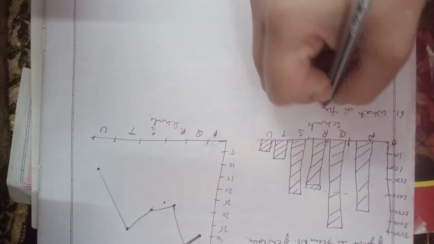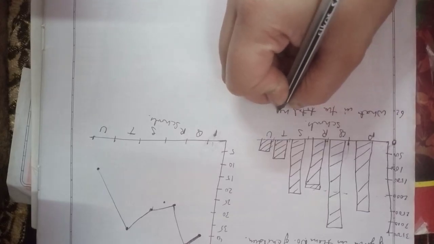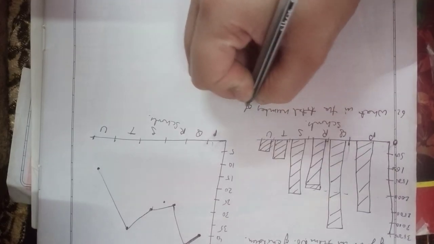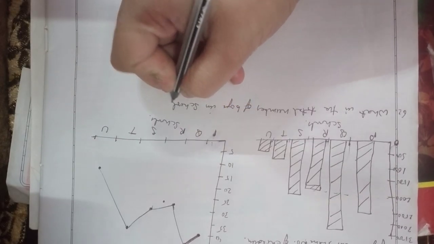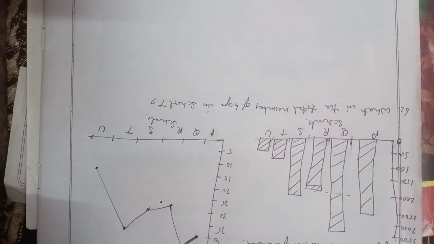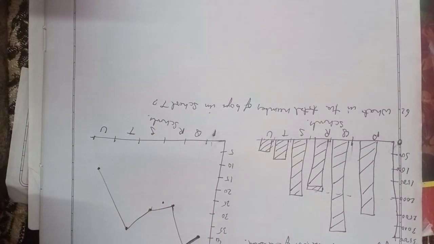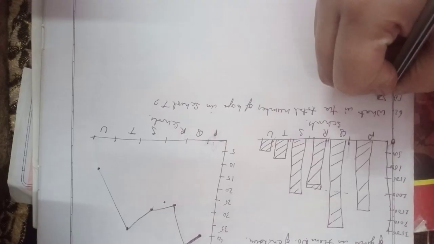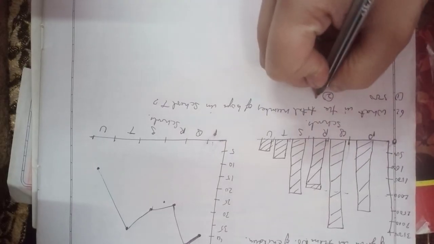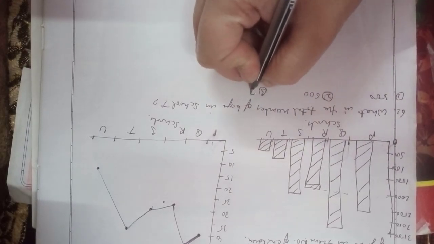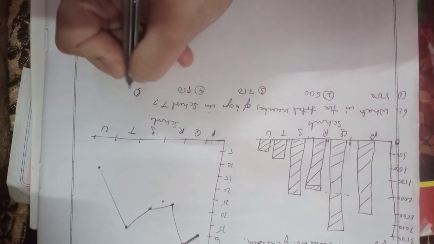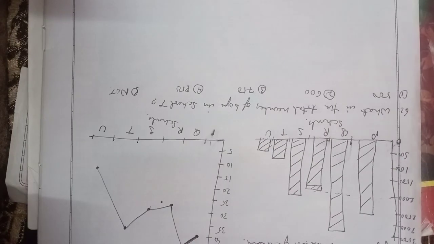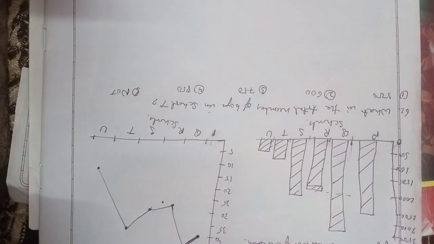So the options here are: first option is 500, second is 600, third is 750, fourth is 850, fifth is none of the above. So let's go for the same.